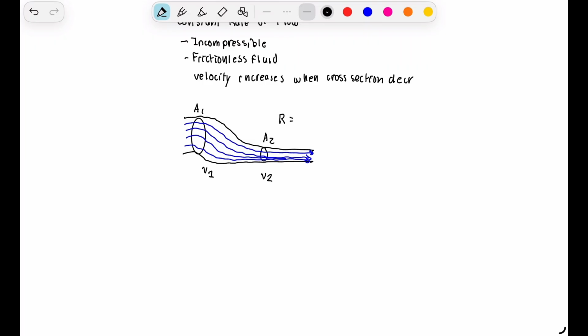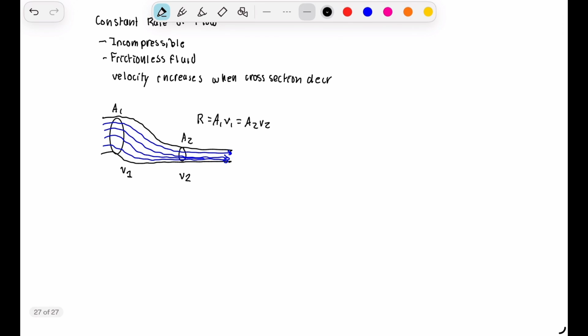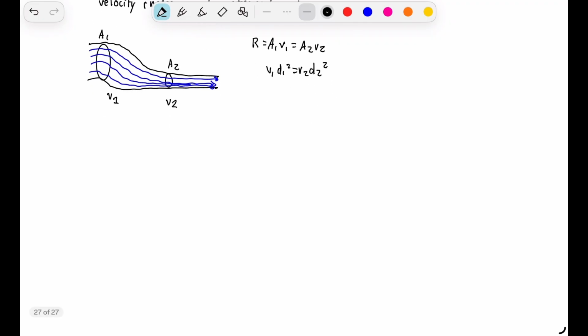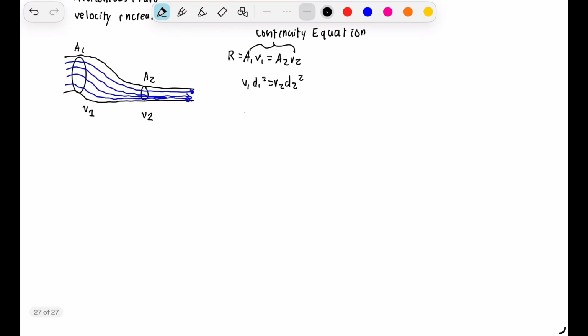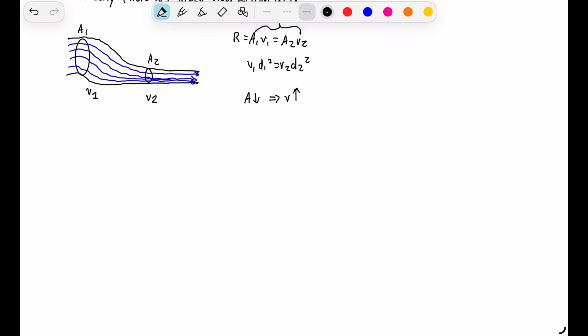So R is equal to A1 V1 is equal to A2 V2. And this can be converted into an equivalent form of V1 D1 squared equals V2 D2 squared. So this is called your continuity formula, or equation. What this says is that if area decreases, that means that velocity must increase because they are going to be inversely proportional.